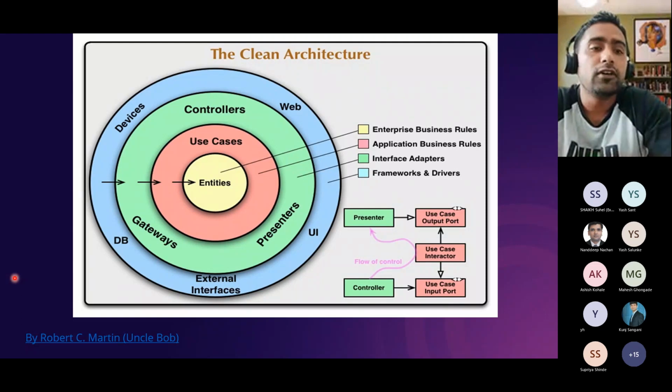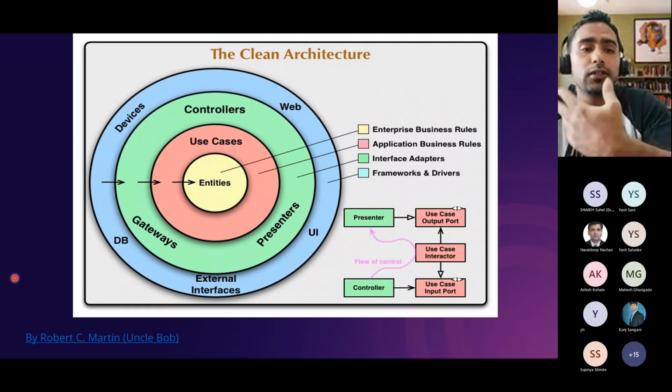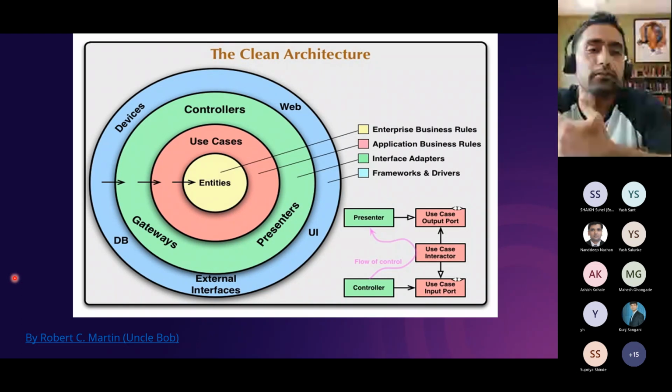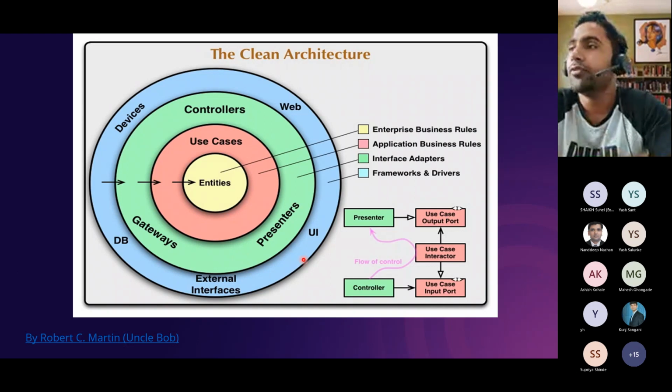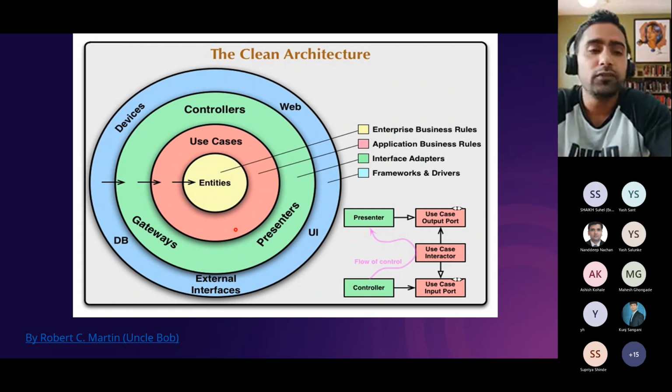Those are again covered by controllers, gateways, and at last we have DB and UI, web. Now if we change any of these components, we keep the core part as it is. That's the benefit we get from clean architecture.